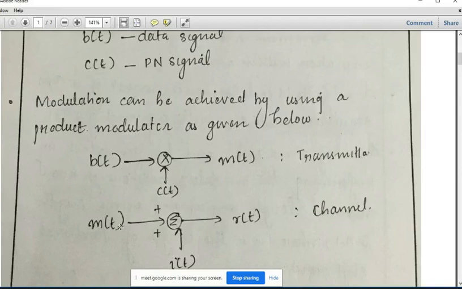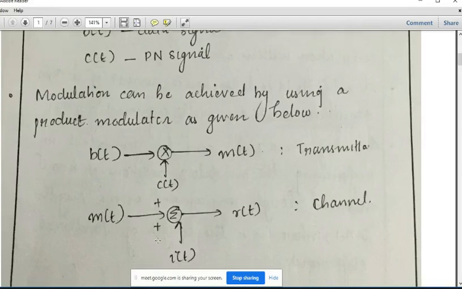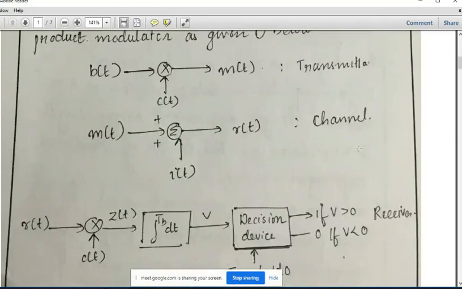While passing through the channel, m(t) gets added up with some interference, represented by i(t). After adding the interference, the signal becomes r(t), which is m(t) plus i(t).